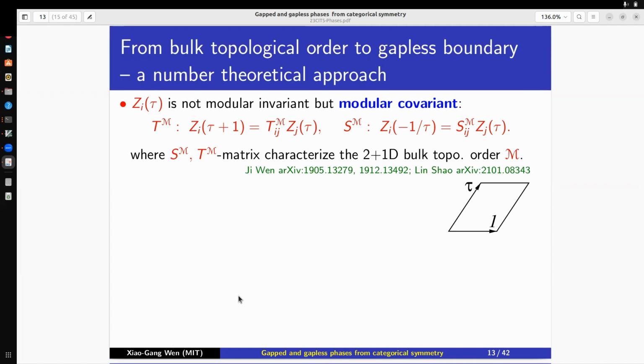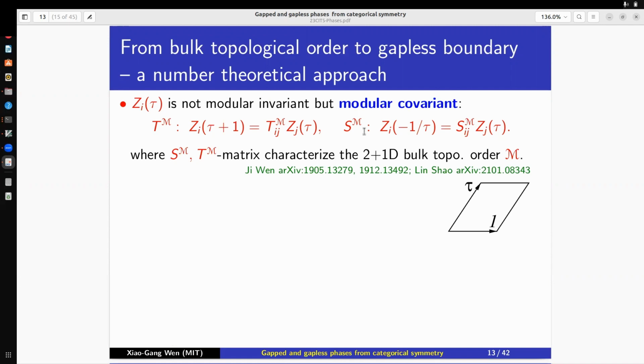Then we can answer the question: how are the data describing this one-dimensional gapless state, this vector-like partition function, and the data, the ST matrix describing the topological order, related? Then you can almost guess it's modular covariance. Everything's there, so these things fit together very nicely.